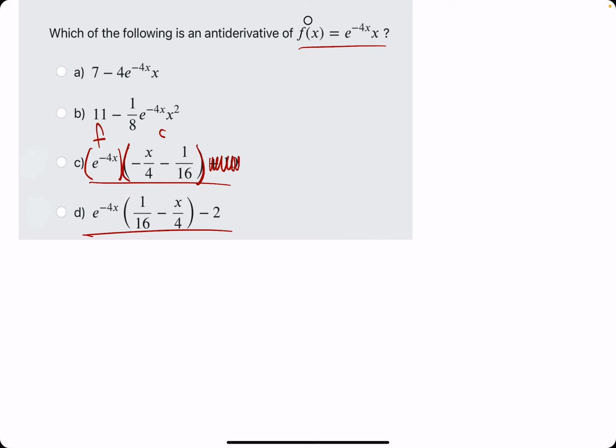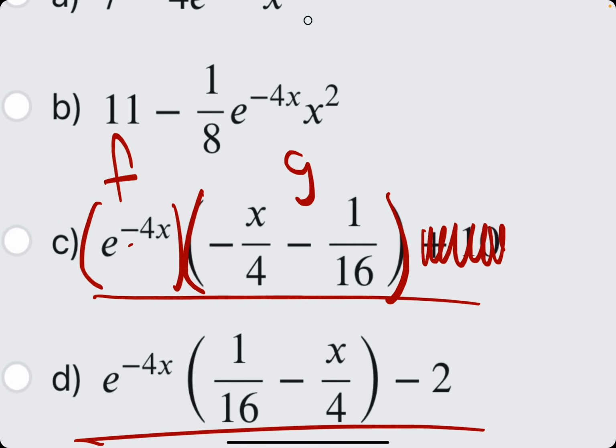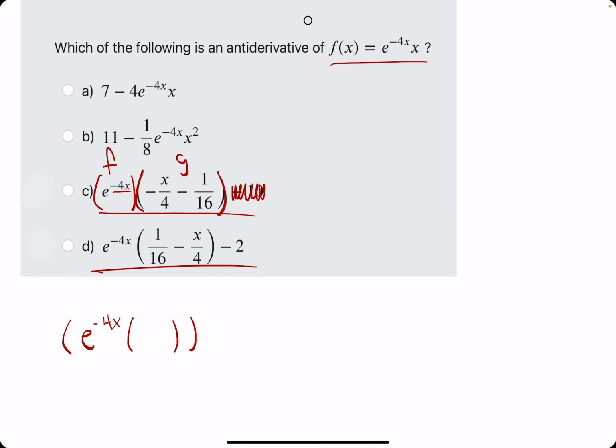So if this is f, this is g, f prime to start off with would be the derivative of e to the negative 4x, which is e to the negative 4x, and then times the derivative of the inside. So we're using chain rule. The derivative of negative 4x is negative 4, so this is our f prime. We want g, which is the second piece here.